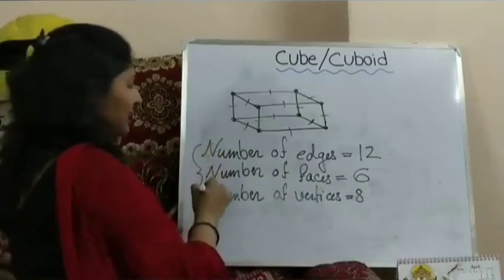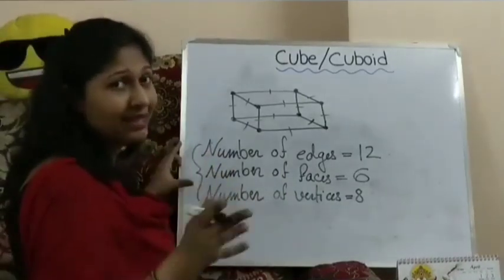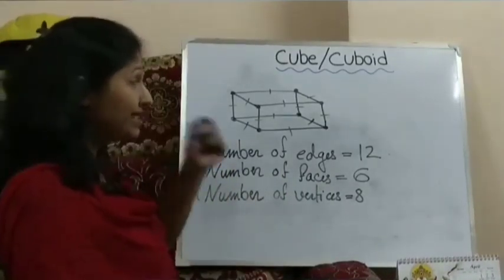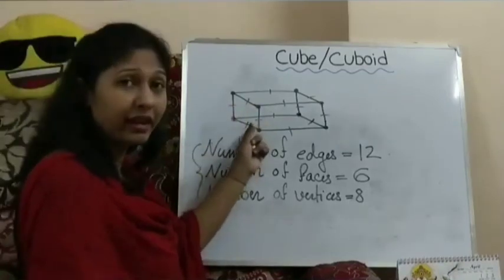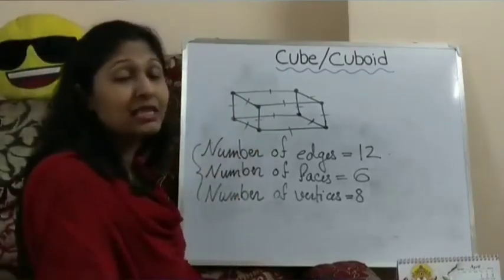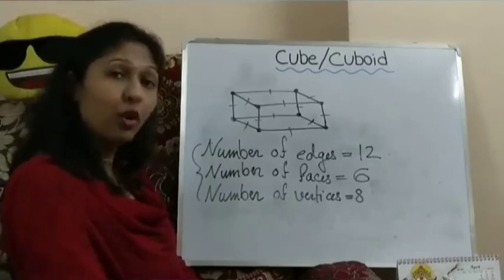So these 3 things are same as cube, but basic shape is rectangular, and that basic shape of cube is square.